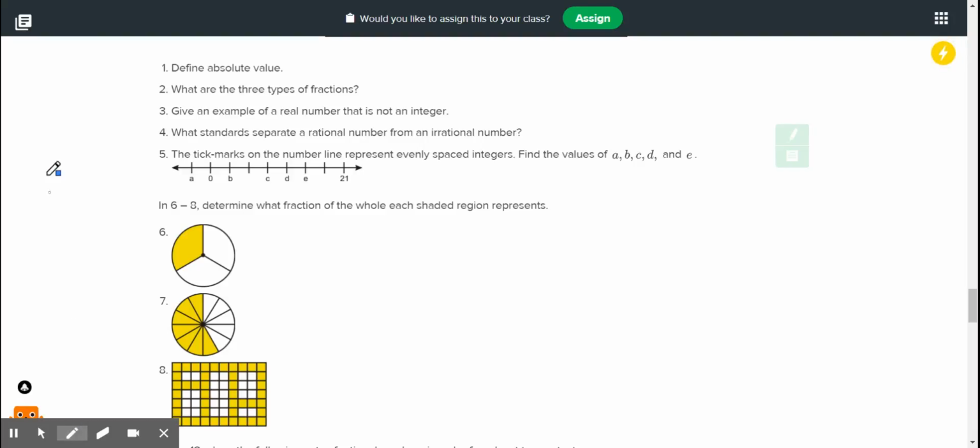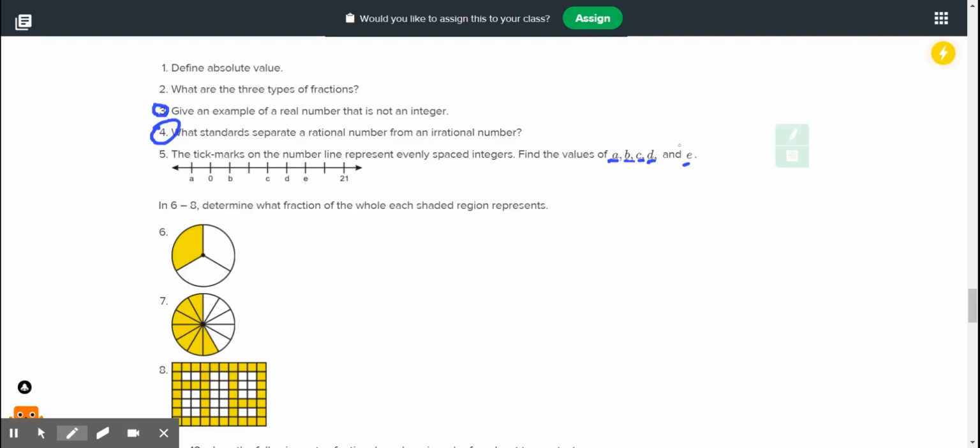Do problem number 3. I'm going to have you do problem 5, and notice for problem 5, you're going to have to find A, B, C, D, and E. So problem 5 has 1, 2, 3, 4, 5 parts.